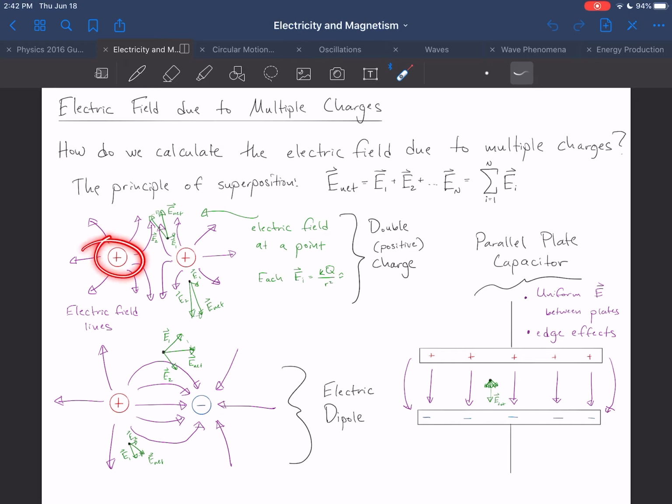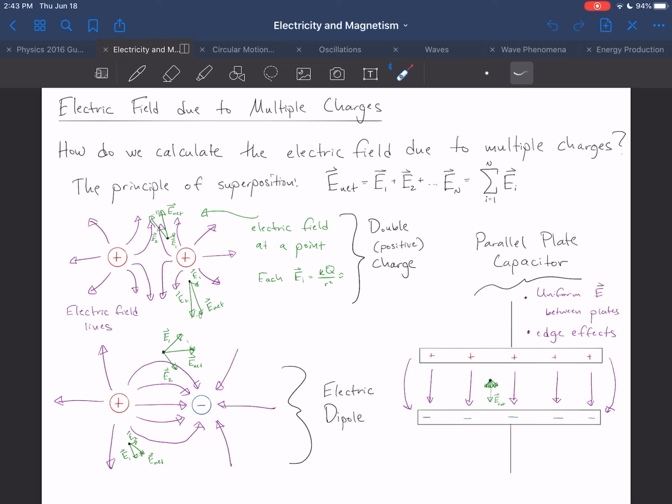If you have multiple sources of field, for example, what is called a double positive charge, two positive charges producing field, then the field at any particular point will be the field due to one of them, which we have a formula for, plus the field due to the other, and that sum is the superposition of the fields. That gives you the net electric field.